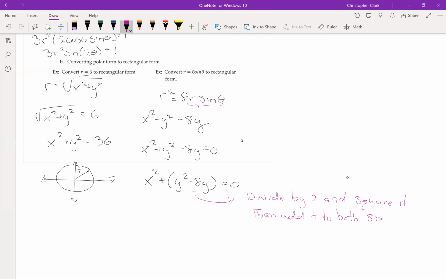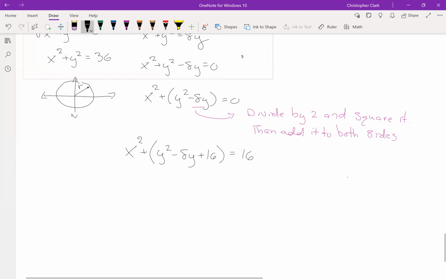Now, the reason we do this is because we can then write this as x squared plus y squared minus 8y plus 16 equals 16. Now, you may recognize that this is x squared plus (y minus 4) squared equals 4 squared. So what is this telling us?